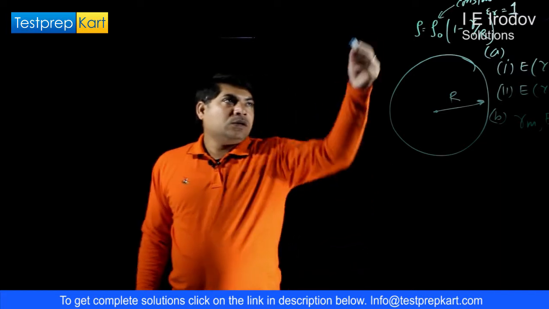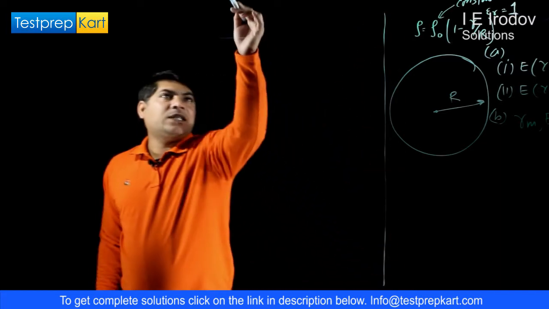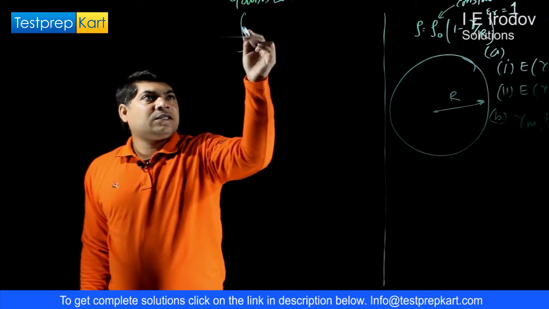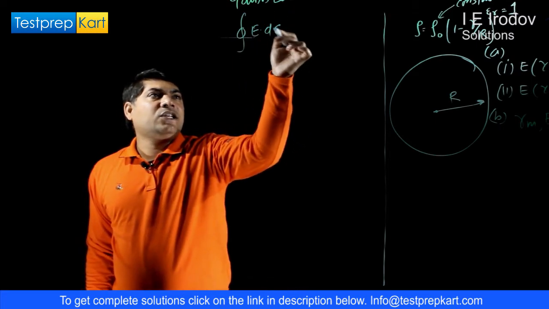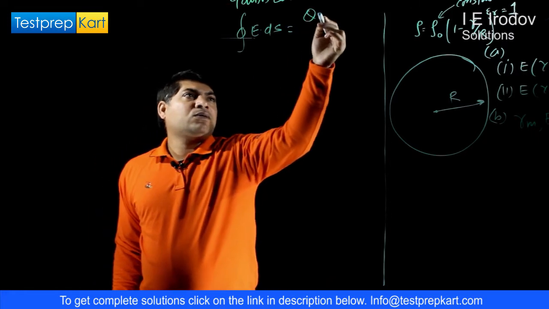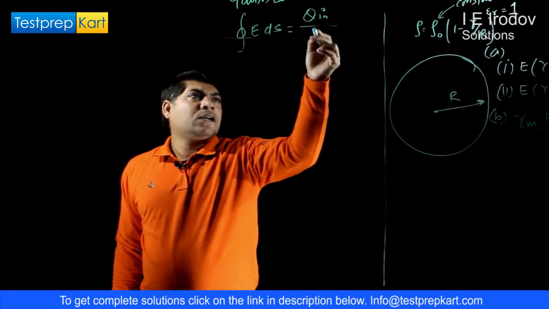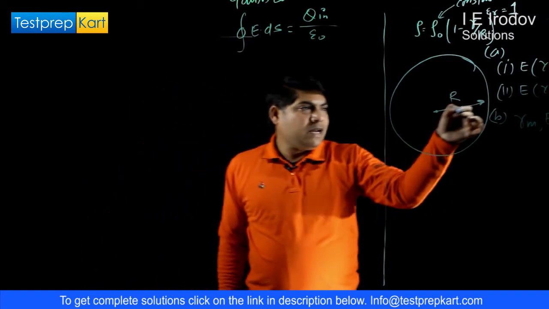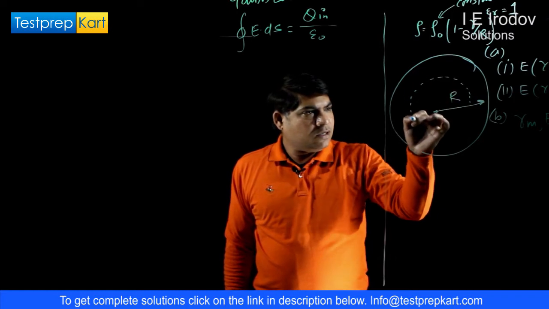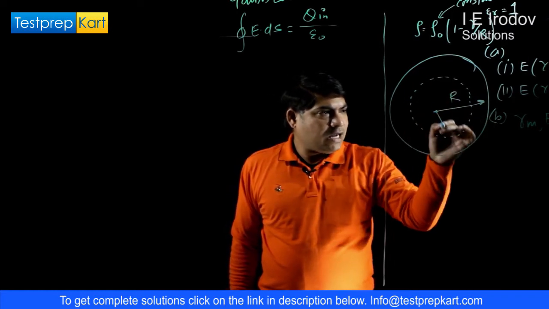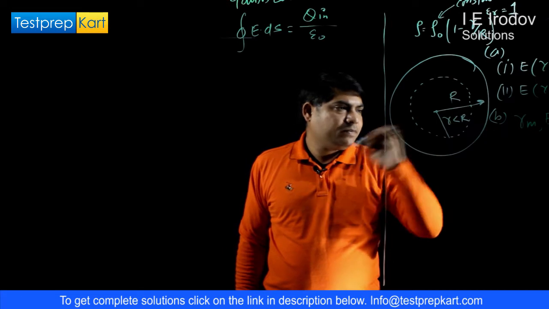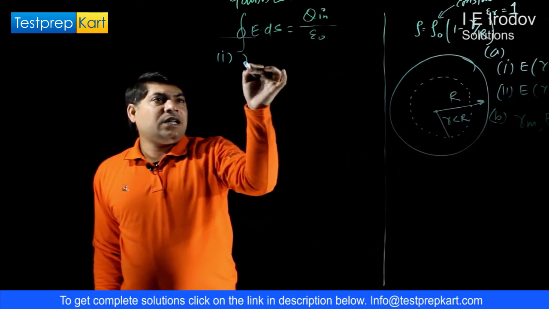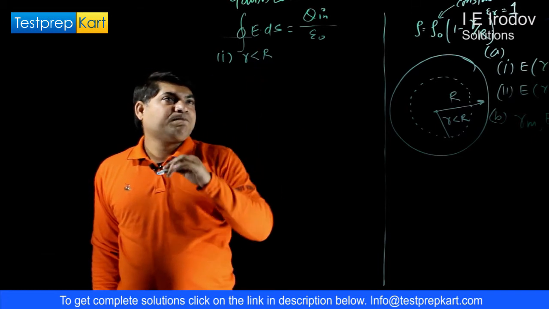Gauss law states that the total flux passing through a surface, closed integral of E dot dS, is equal to the total charge enclosed divided by epsilon naught. So we can apply Gauss law for r less than R. Our first case is when r is less than R.